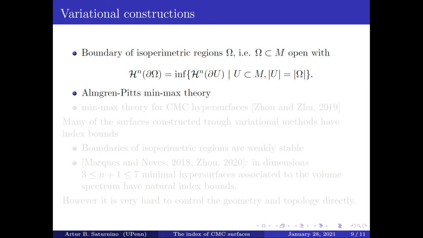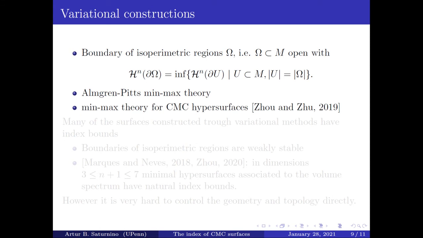The next example of a variational construction is the Pitts-Schoen-Simon min-max theory. This is a theory that allows for construction of minimal hypersurfaces and has been very successful in finding many examples.